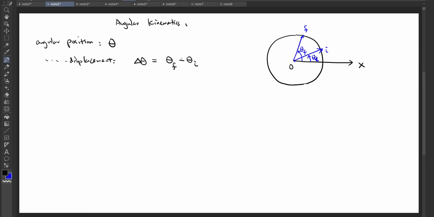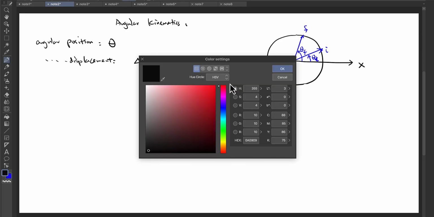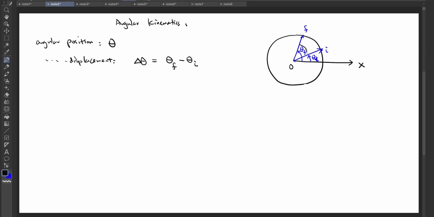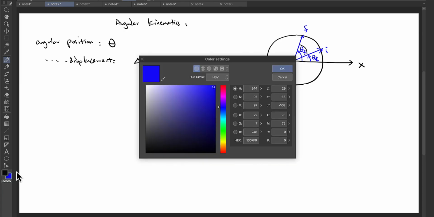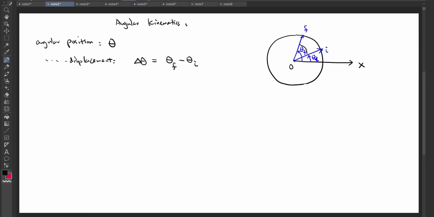So now theta final minus theta i will be this angle here. That's delta theta. Okay. That will represent the displacement.